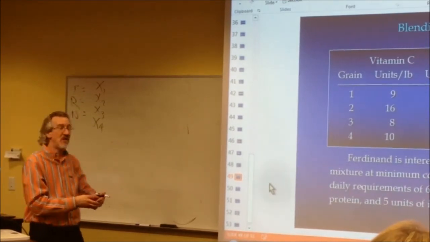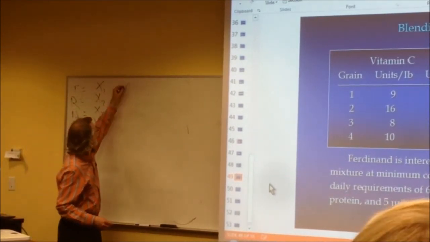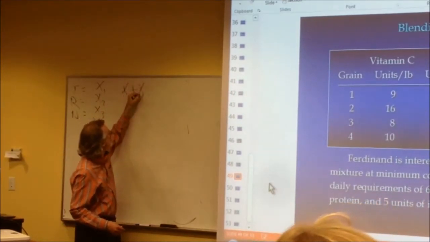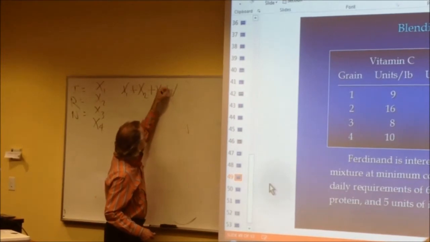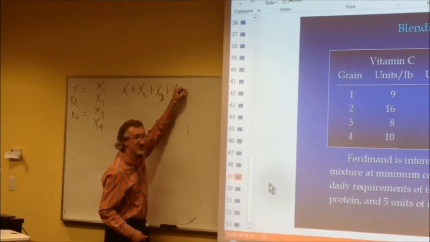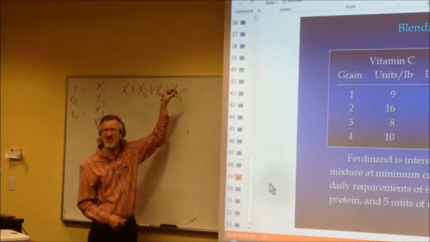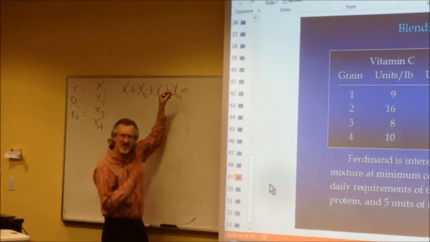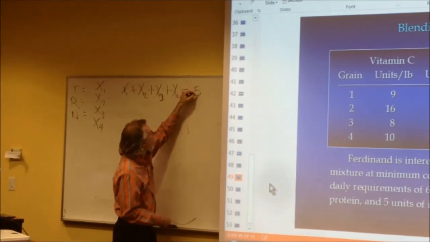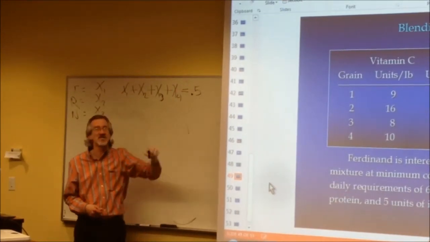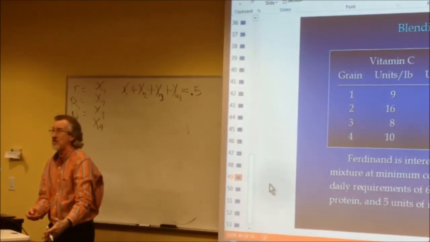a half a pound. However much of grain 1 we're using, plus however much of grain 2, plus grain 3, plus grain 4, here's one of those rare equals. This could be greater than or equal, but we're trying to stay exactly at the lowest cost possible. And this is going to be a half a pound, and that's how you fix the whole point that it's an 8 ounce bag.